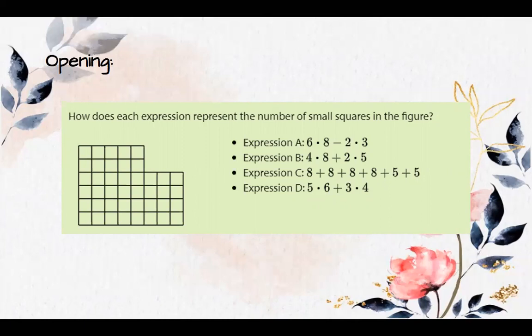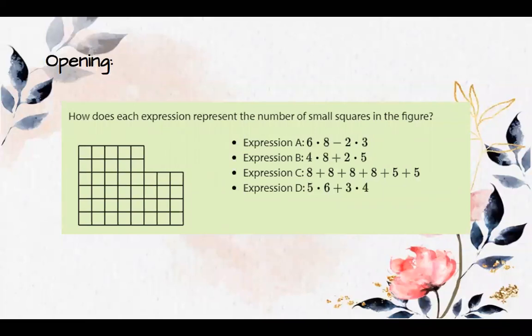There's just different equations, or expressions, that represent that. So you should visually be able to see expression A, 6 times 8 minus 2 times 3. Where do you see those numbers? That's what the question's asking you. Where do you see each of those numbers?